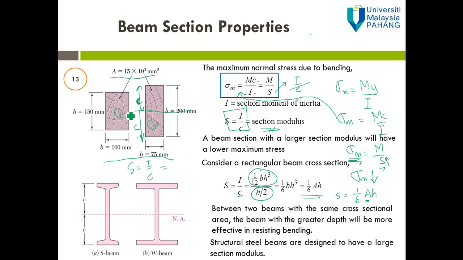So from here the cross-section area is the same, so which beam has the higher section modulus? We can say that beam 2 will have higher section modulus because the H is higher.